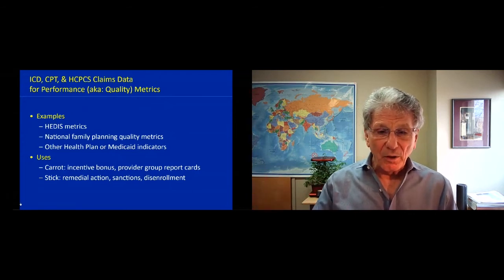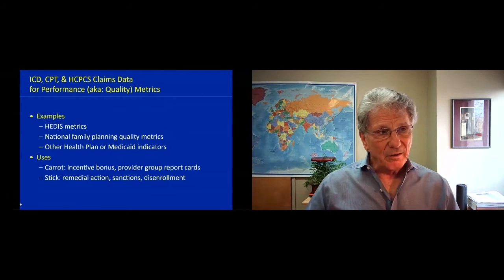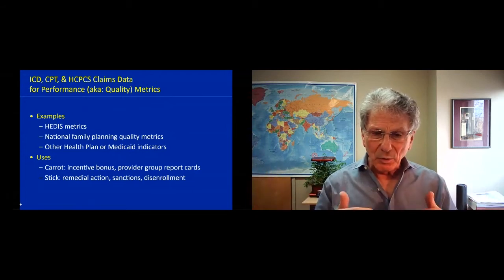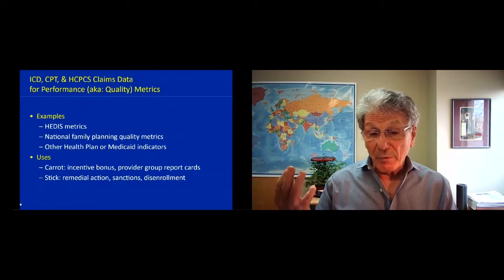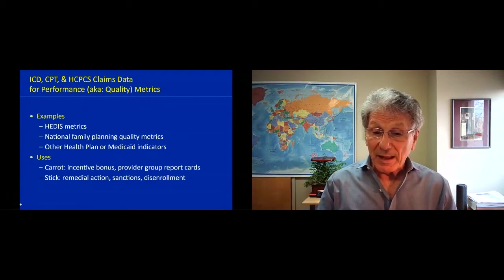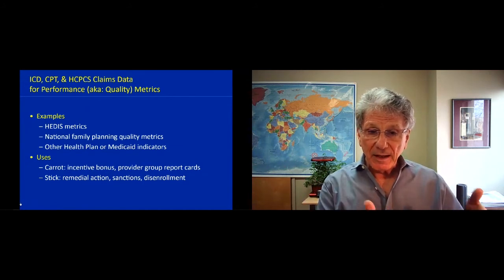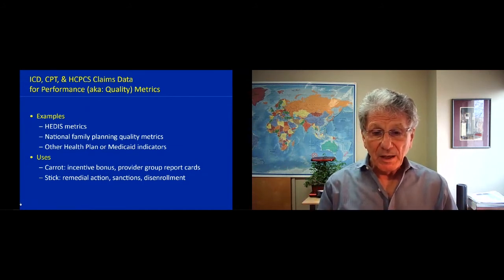One of the oldest are called the HEDIS measures. There are 27 different measures that have to do with the quality of primary care services. There are 3 now national family planning quality metrics that come from ICD-10, CPT, and HCPCS codes. And then there are other quality metrics that come from your various commercial health plans or your state Medicaid program.